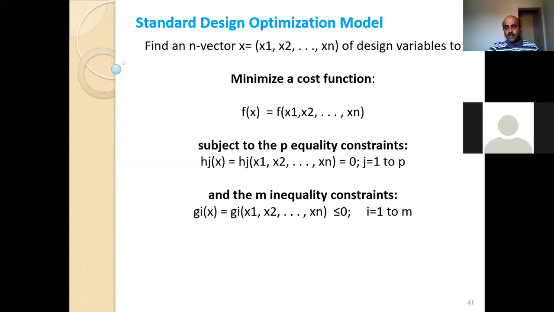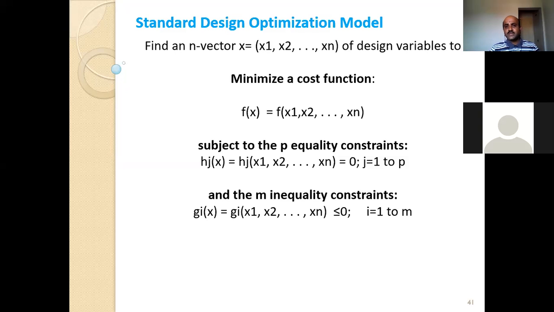In all the problems we discussed, there were three important things. One is how to define a design variable. Second is how to formulate the objective function. And third is how to formulate the constraint. So now in today's class, let us start with the standard design optimization model.